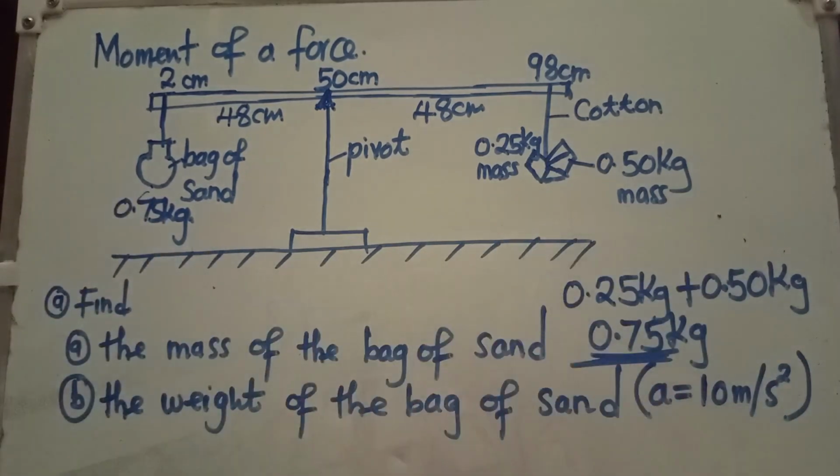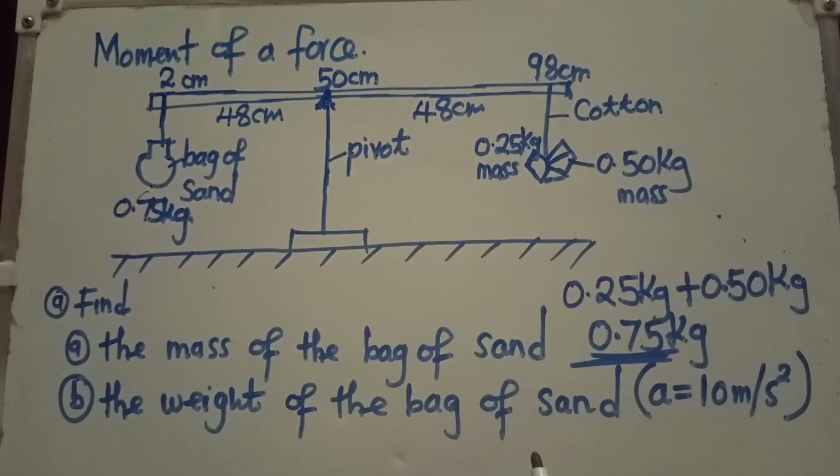So moment is the same. That is how you are supposed to answer the last question. You just say the principle of moment states that moment in clockwise is equal to moment in the anti-clockwise direction. Since moment clockwise is equal to moment anti-clockwise, this is the reason why the beam is balanced.